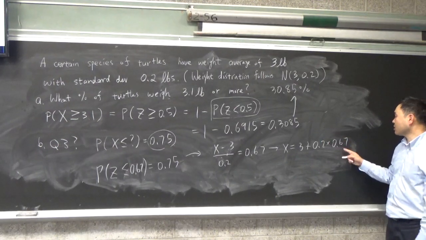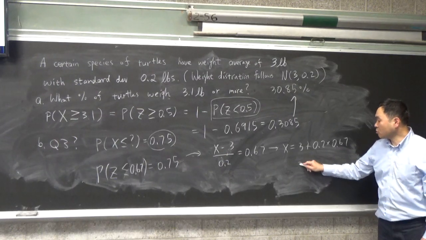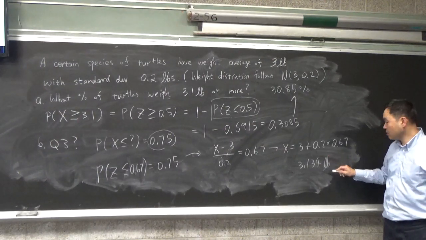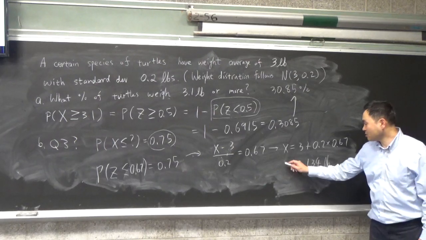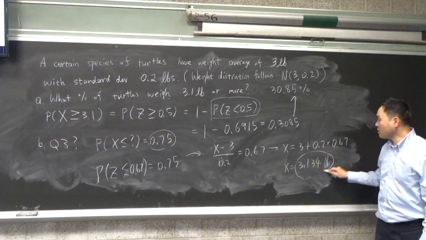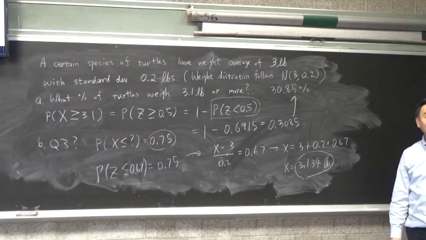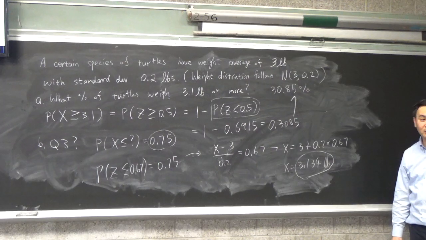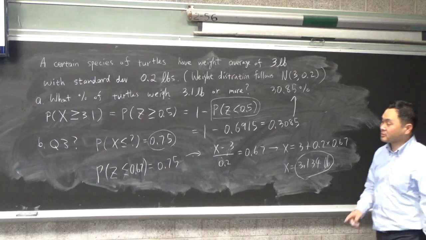So that's like 0.134, so it's 3.134 pounds. Am I right? Yeah, I think that's right. So that will be the Q3. 3.134 pounds will be this 75% percentile, which is the same as Q3.